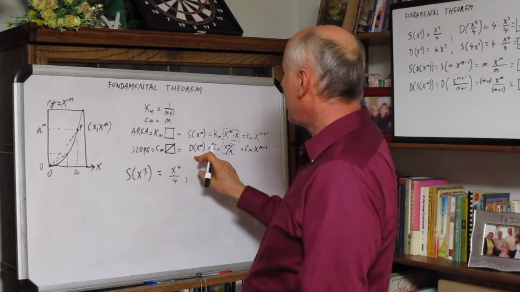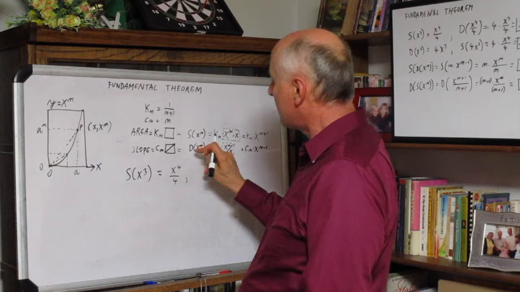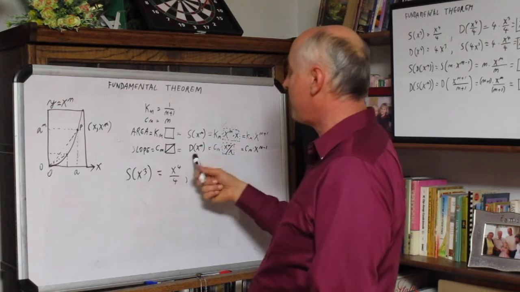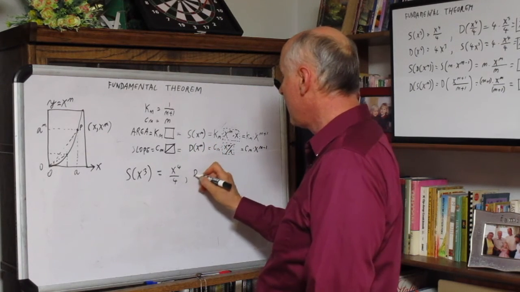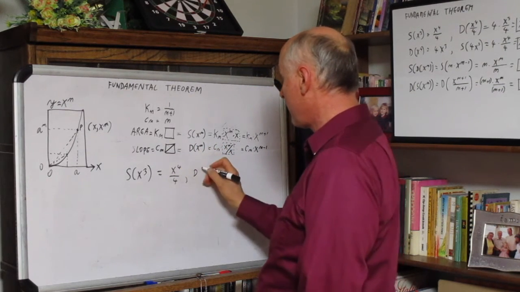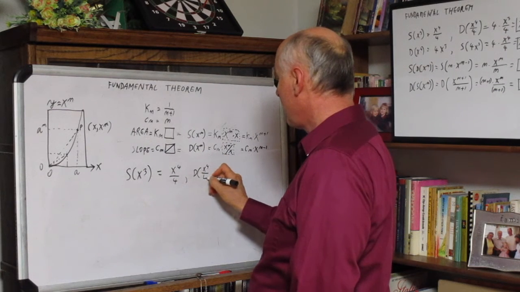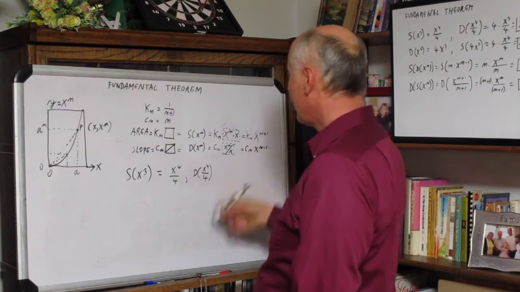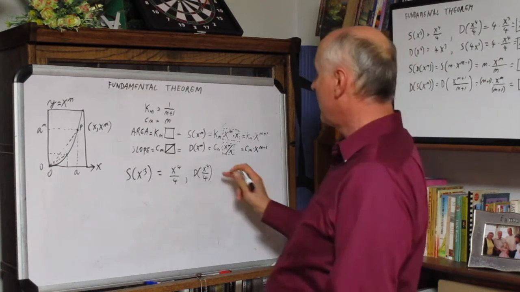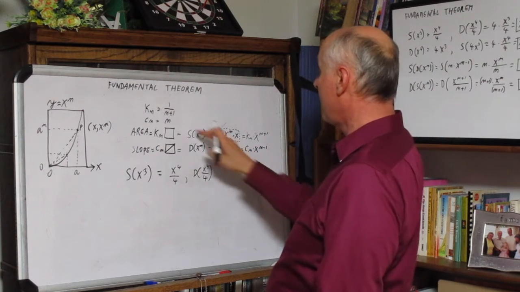So give me the slope function, the d function, of x to the fourth over 4. Crank it through here.